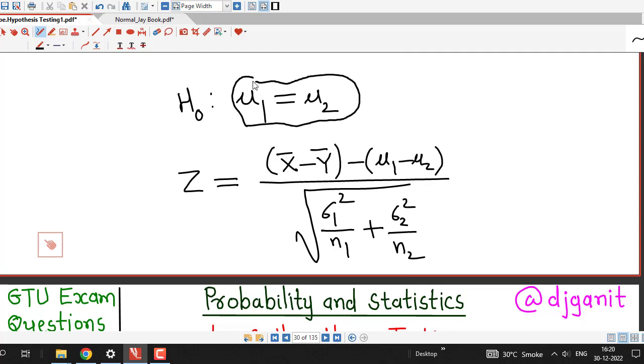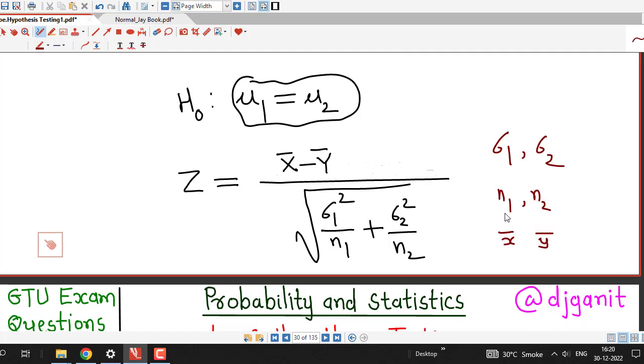Because we assume that the null hypothesis is true, we will have x bar minus y bar divided by the square root of this quantity. Here we are familiar with all these notations: sigma 1 and sigma 2 are population standard deviations, n1 and n2 are the sizes of the two samples, and x bar and y bar are sample means.